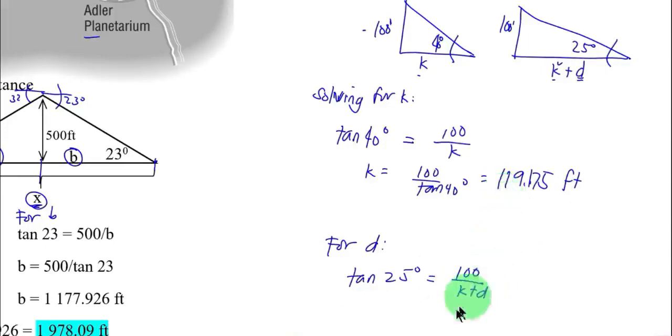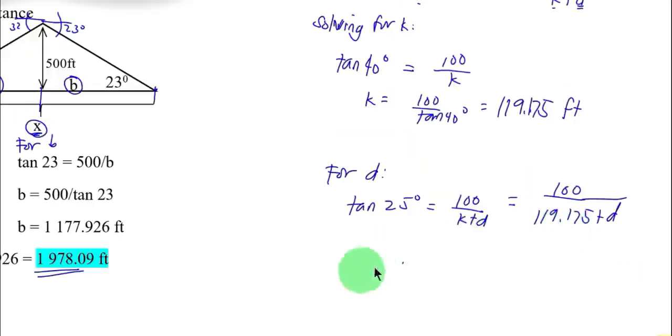We can simply substitute K here, so 100 over 119.75 plus D. Solving for D here, we have 119.75 plus D equals 100 over tangent of 25 degrees.